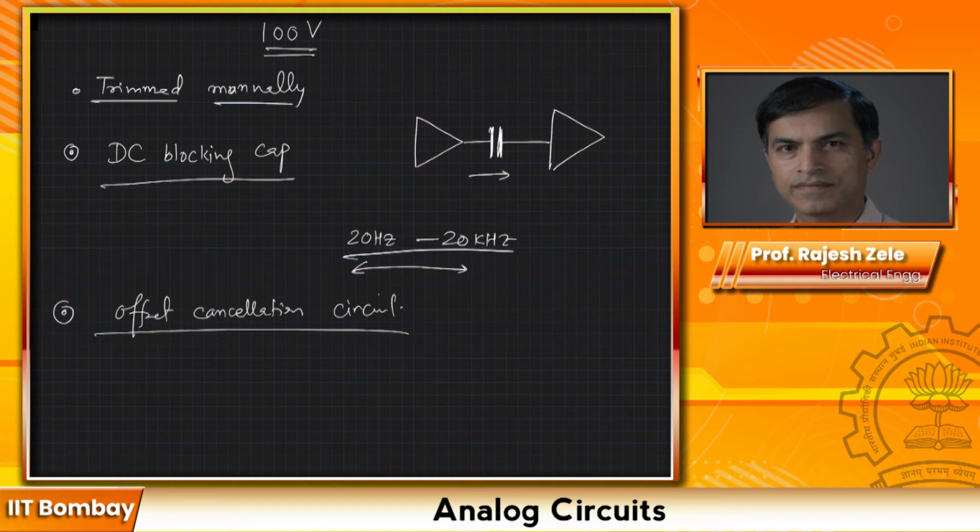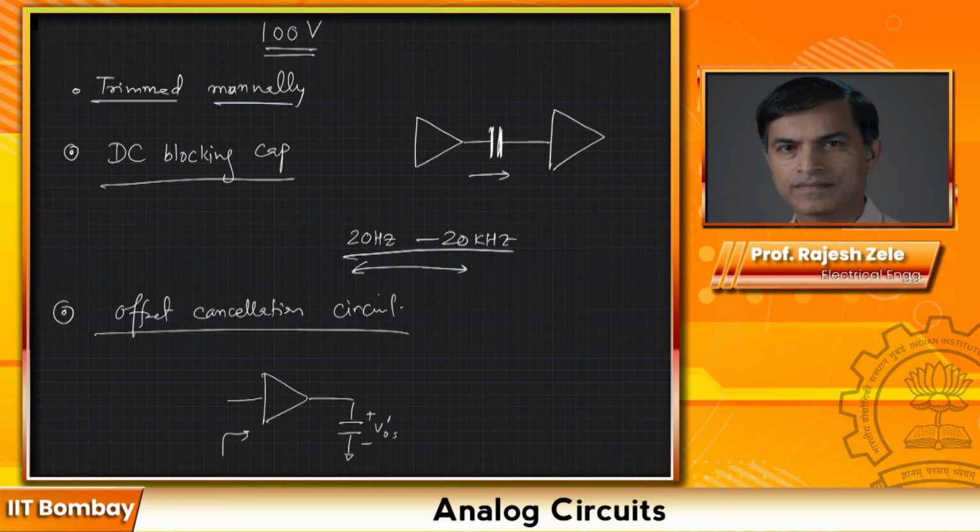Here what you do is you go through some kind of offset cancellation cycle. So for example, you have one amplifier, and then you store the offset in the calibration cycle on VOS prime over here.